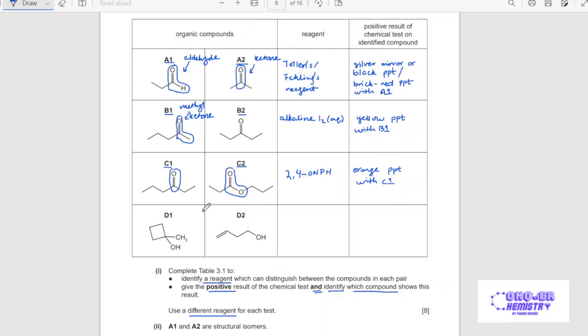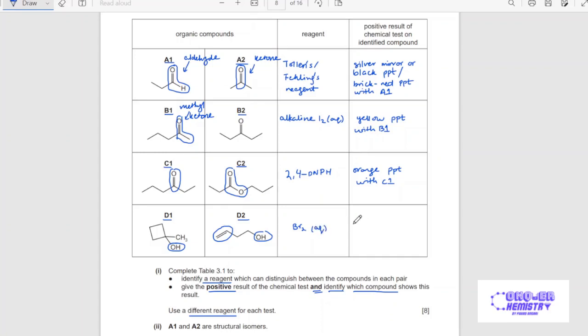Now for the last pair, we have D1 and D2. Now over here, both of them have the alcohol group OH and OH. So you cannot do a reaction of an alcohol. But one difference between them in the functional group department is that D2 contains this guy, the double bond. And the test for a double bond that you know from your IGCSEs is you use aqueous bromine or bromine water.